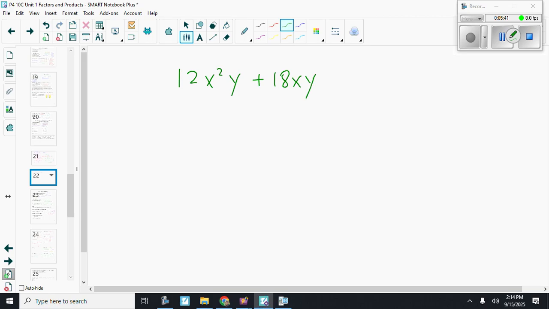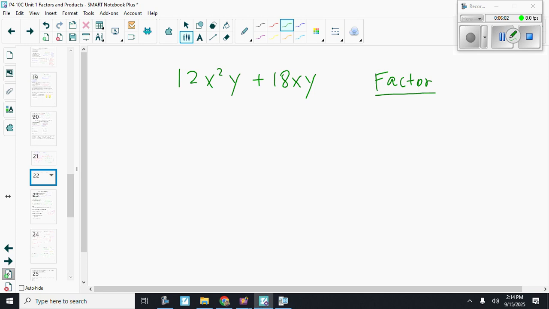Whenever we see something and we're told to factor, the keyword is factor. It doesn't tell you how, it just says factor. It might tell you how, but once you get to the end of the chapter, it'll just say factor, and you have to decide what you're going to do.